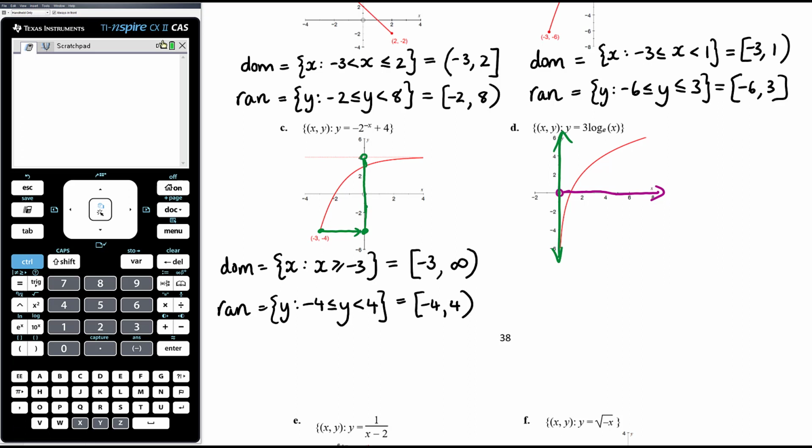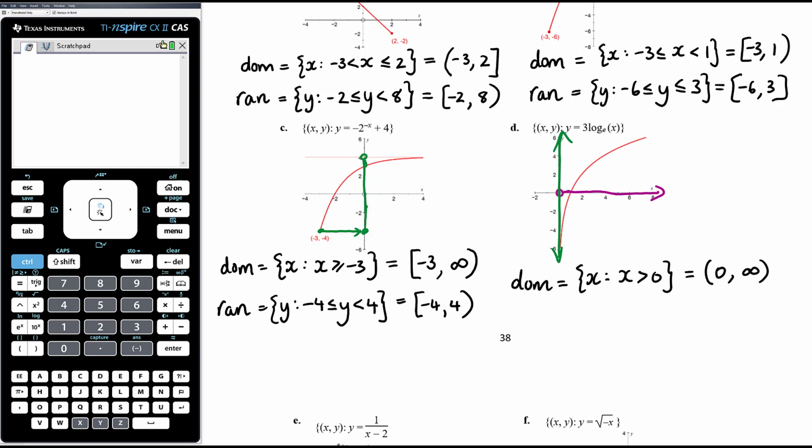Okay. So the domain here is going to be the set of x values such that x is bigger than 0, or I'm going to write this in 3 different ways. Or it's going to be the interval from 0, not including 0, up to infinity, obviously not including infinity.